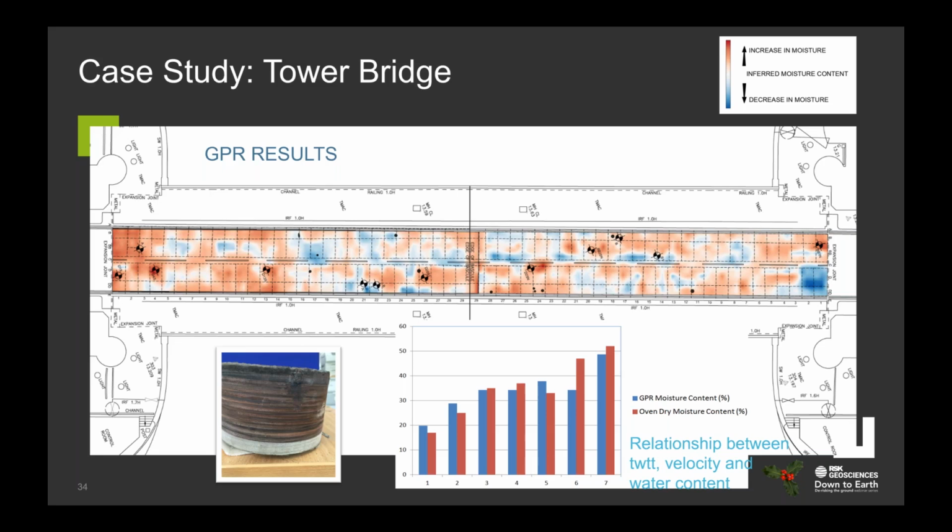And overall, you can see when we compare these lab values, which are in the red color in this graph below, to what we calculated from the GPR, generally, they largely match really well, which really made us really happy. And you can see we've been able to then map this out as a contour plot across the whole bridge area to highlight areas that are potentially wetter than others.